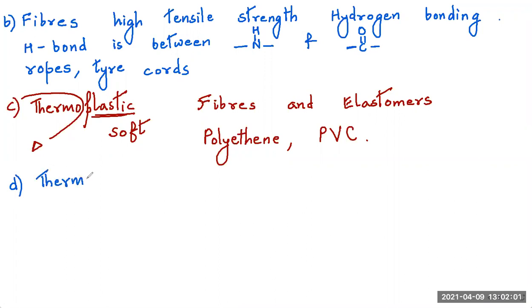The other is a thermosetting polymer. Can you tell me the meaning now? It is hard. It won't melt on heating. So we will say they become hard on heating. Instead of saying they don't melt on heating, they become hard on heating, and they cannot be remolded or recycled.